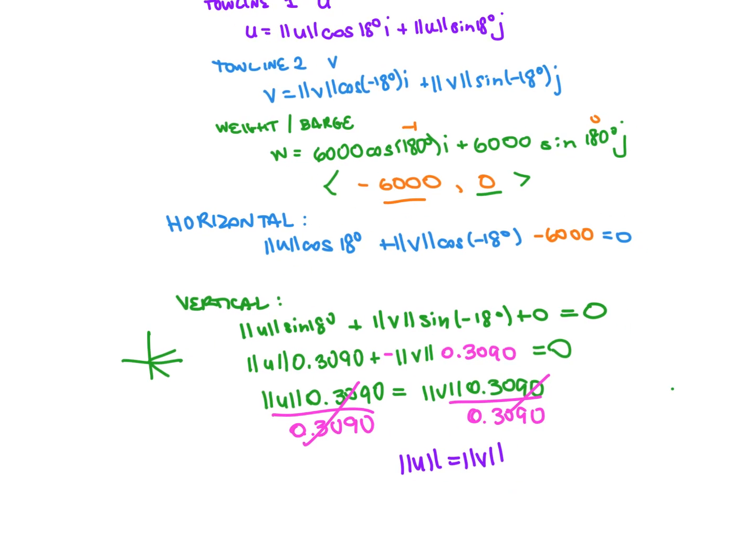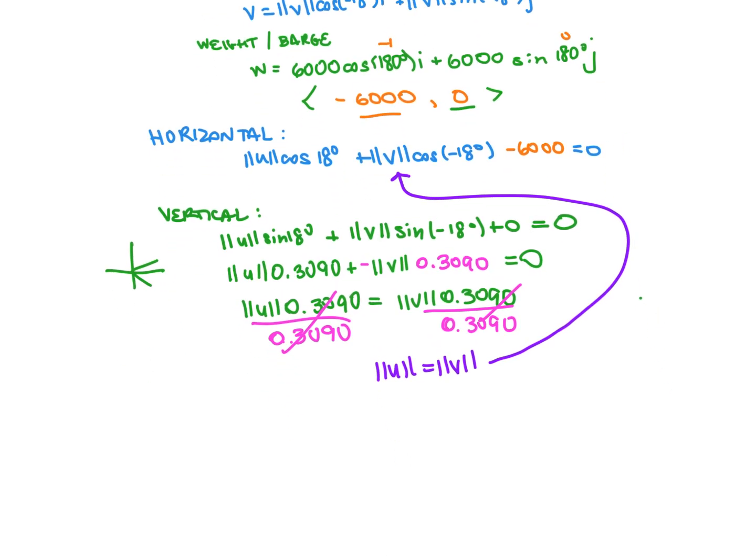So what we can do with that is substitute that into our horizontal. So the magnitude of u cosine of 18 degrees, plus, and since the magnitude of u equals the magnitude of v, the magnitude of u, and that's cosine of negative 18 degrees.